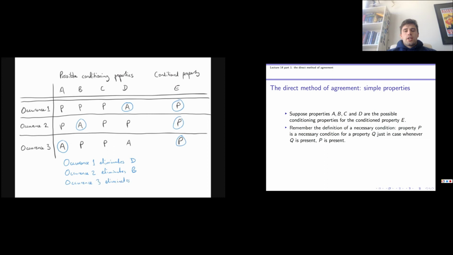And occurrence 3 also tells us what occurrence 1 already told us, that D cannot be a necessary condition for E either. So after we've looked at all occurrences, the observations show us that if one of the possible conditioning properties is in fact a necessary condition for E, then it must be C. C must be that necessary condition.